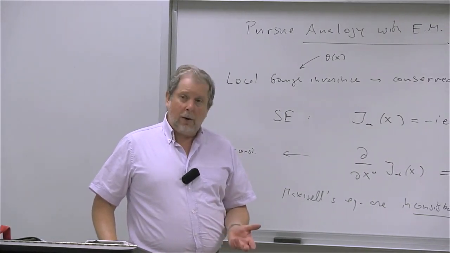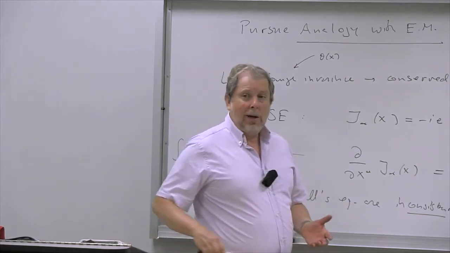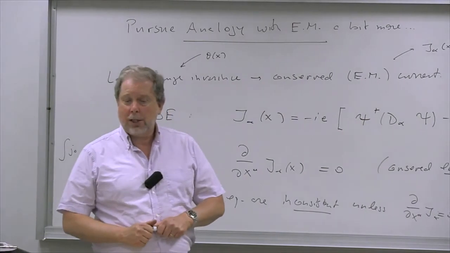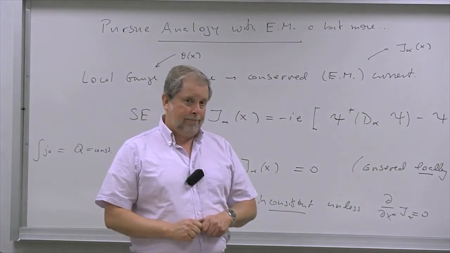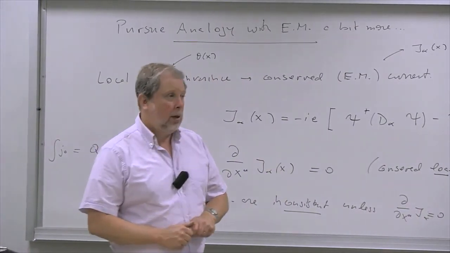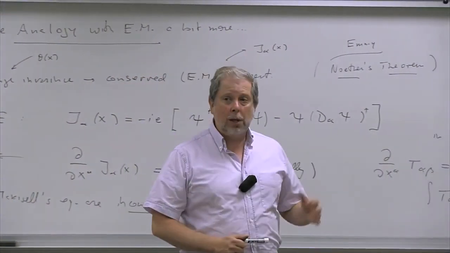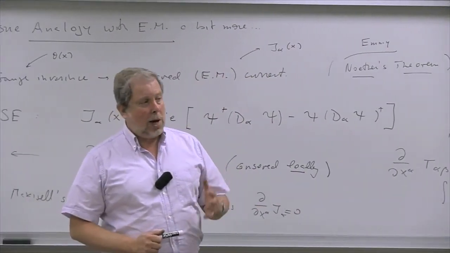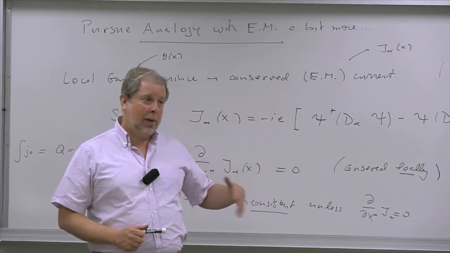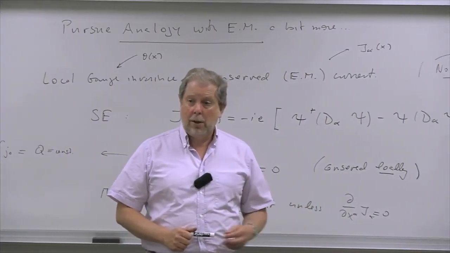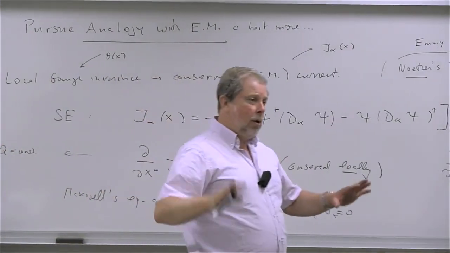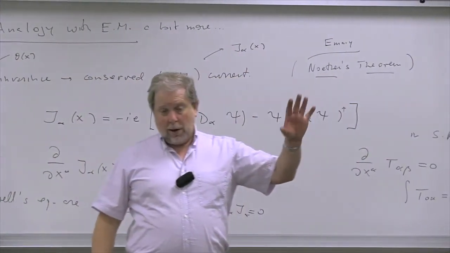And so there will be an analog of that as well in gravity, which is that the field equations for gravity cannot be consistent unless energy and momentum are locally conserved. So one of the things that is going to come out is that you have to have a conservation of energy and momentum at each point in space-time, because that is what is coming out of the local symmetry.